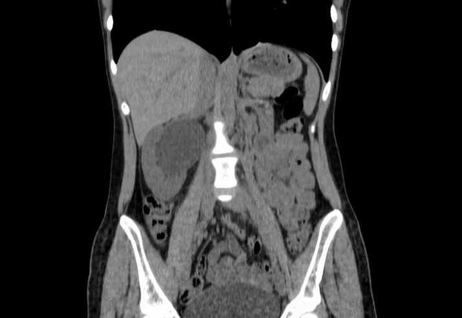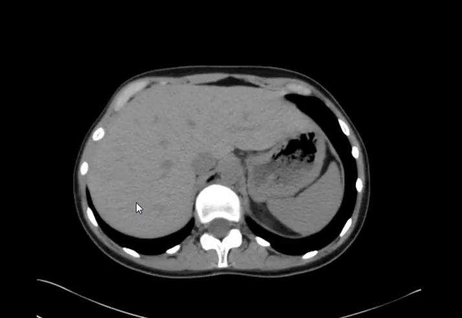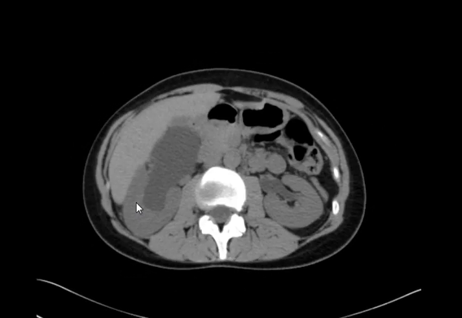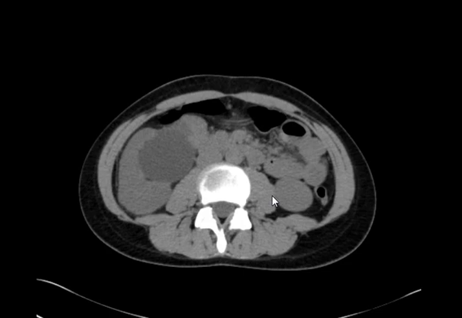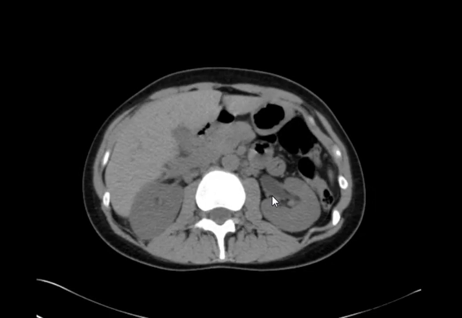If it's not seen, then that is obstruction. The other kidney also, usually when this happens it is bilateral, maybe to different degrees, so there is some dilatation and some hydronephrosis of the other side also, indicating a less severe stenosis in that kidney.